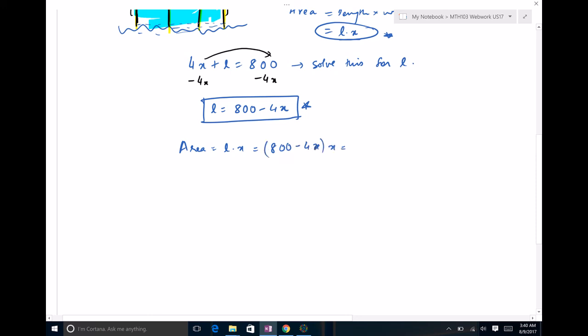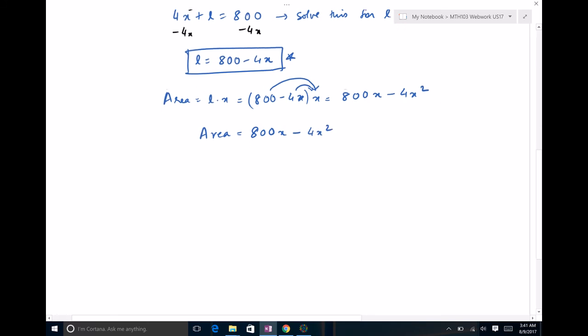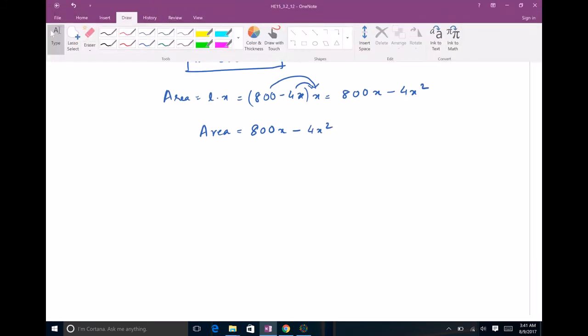Now I can open the parentheses by multiplying these out, distributing the X. So 800 times X is 800X, and negative 4X times X is negative 4X squared. This means that the area of the entire rectangular plot is given by this expression.